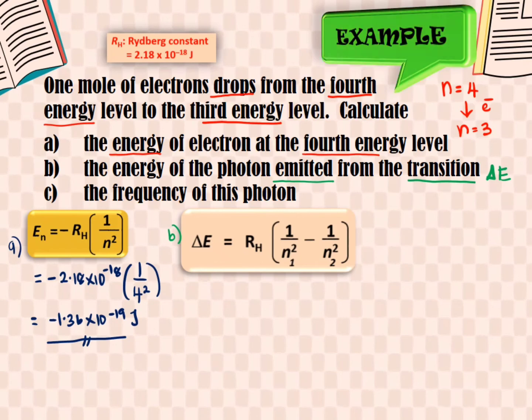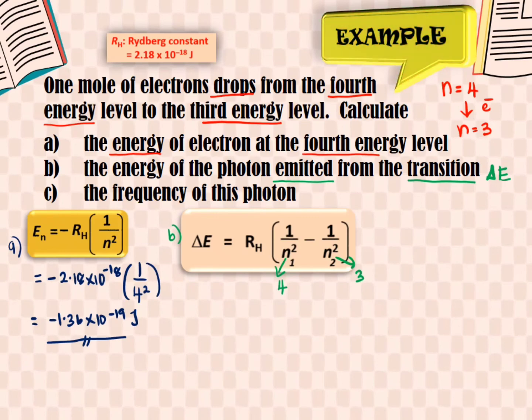So, n1 kita siapa? Kan? You need to know which one is our n1 and which one is our n2. n1 should be the higher energy level ataupun the starting electron tu dekat mana? Dekat n sama dengan 4. Kemudian dia drop to n equal to 3, the final.